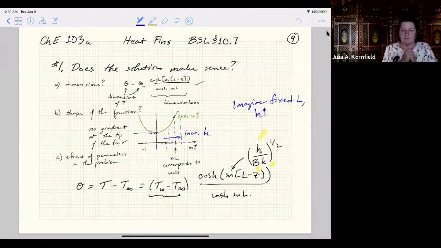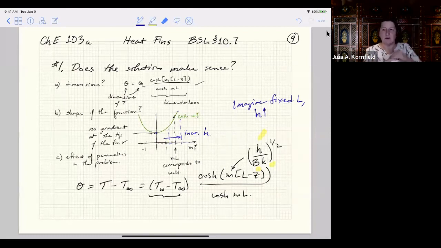Does that make sense? So you can just hit pause and think on that for a second and see, if I have a higher heat transfer coefficient, would my temperature drop further down before I get to the end of that fin? Same length fin, same properties. I think you'd say, yeah, that's good. And then how about this one? Might be a little bit more puzzling. So if I make the thermal conductivity higher, I keep L the same, and I keep h the same. I'm just changing the conductivity.